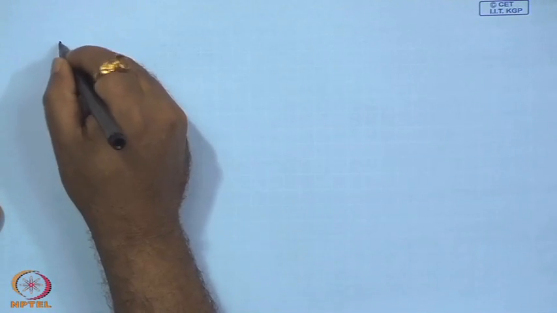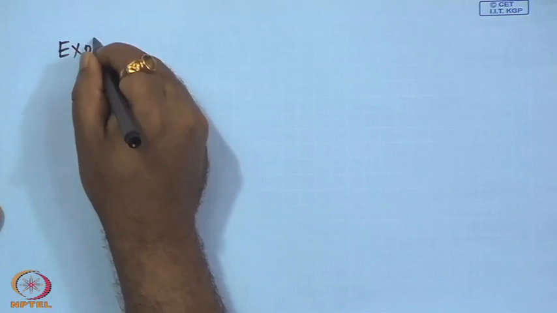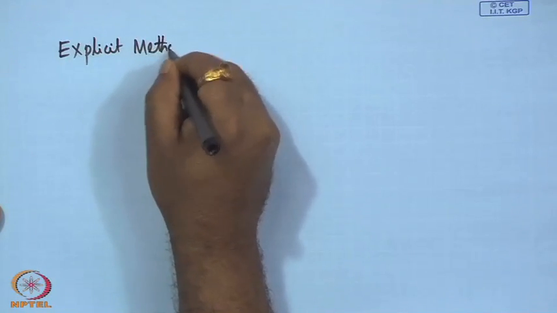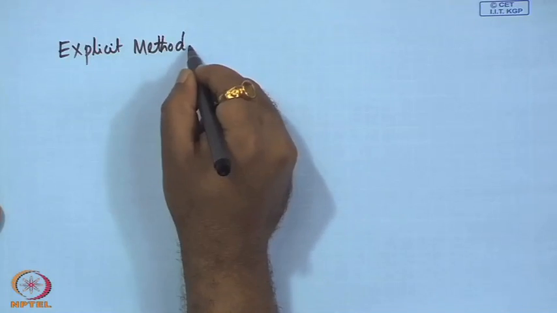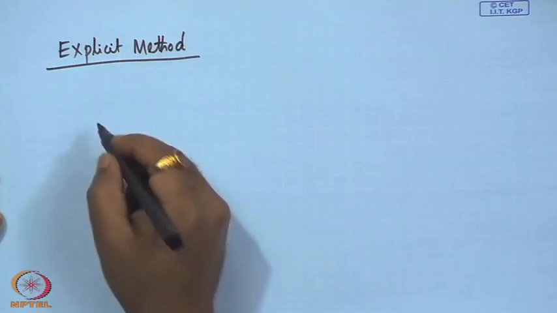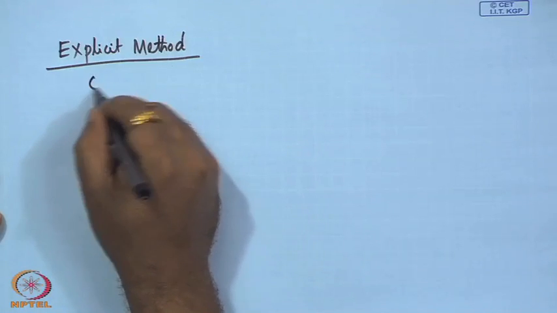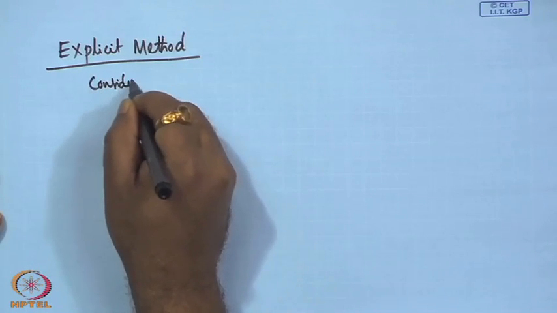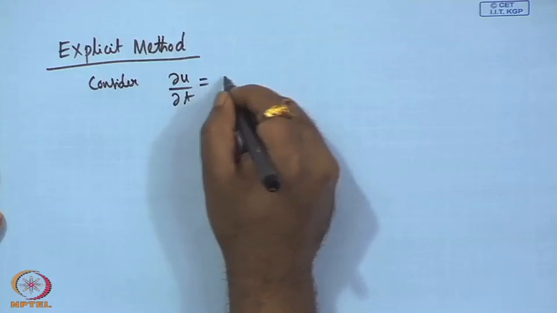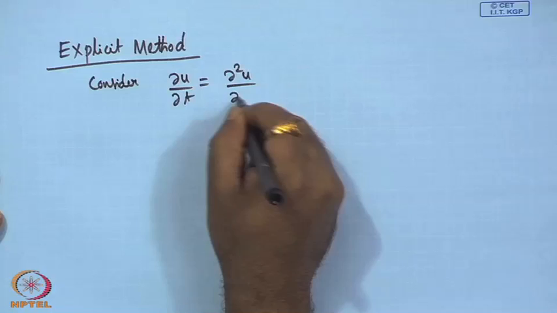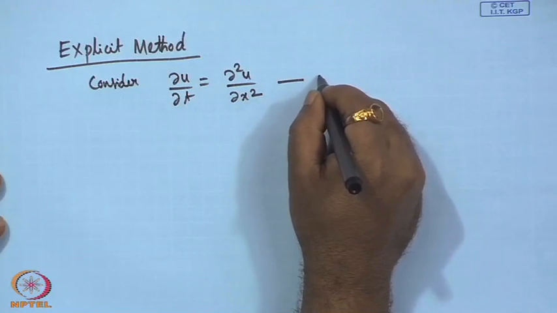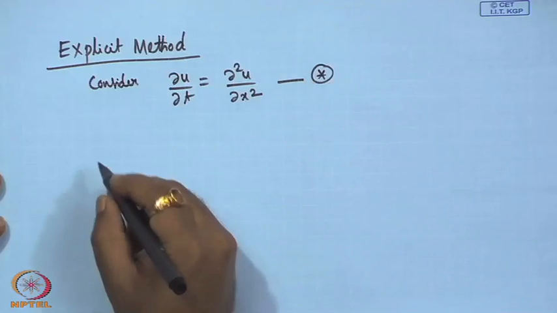So, let me give the heading explicit method. I want to give the heading and proceed. So, consider the heat conduction equation. Okay. Say this is star.